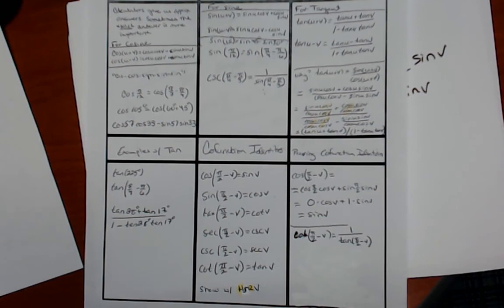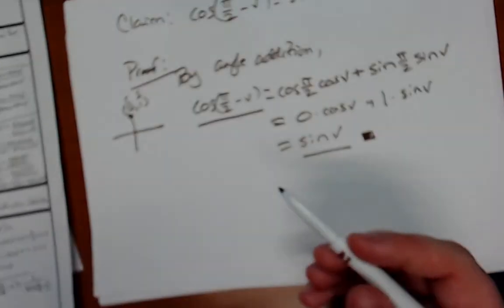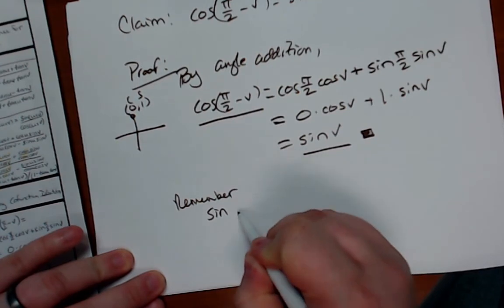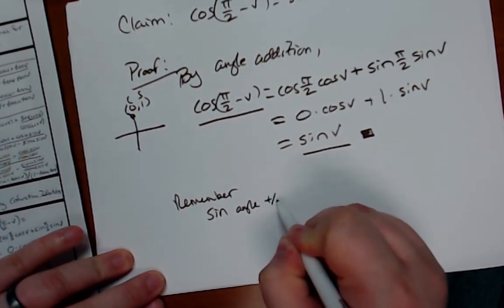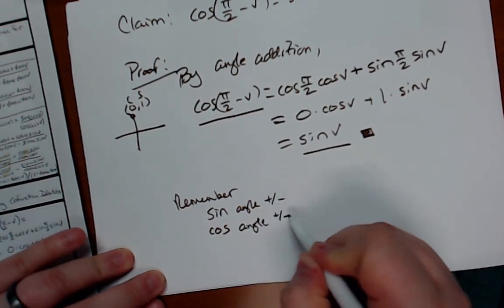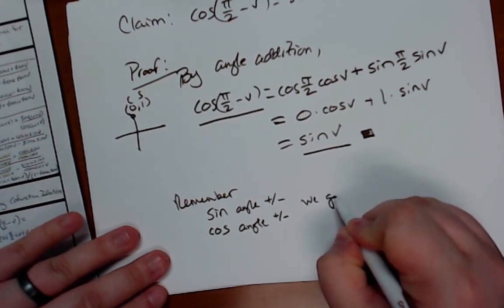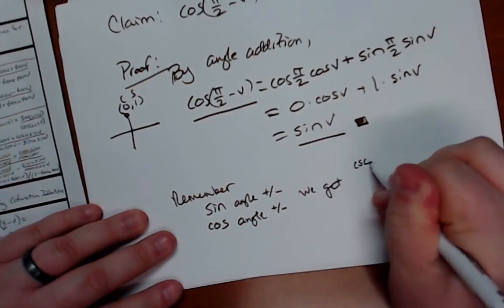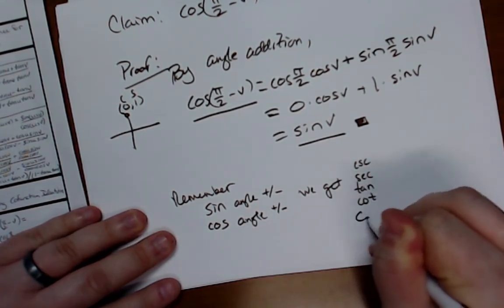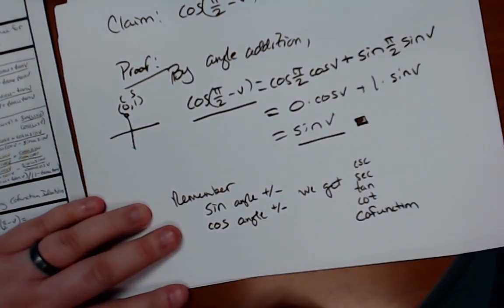However, if you remember our sine angle addition or subtraction and our cosine angle addition or subtraction, we get for free cosecant, secant, tangent, cotangent, and our cofunction formulas and identities.